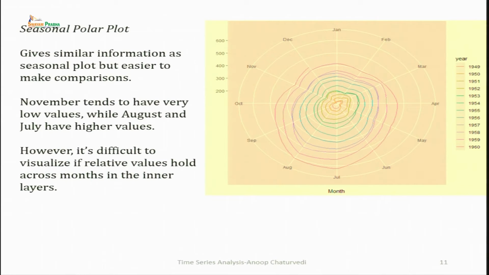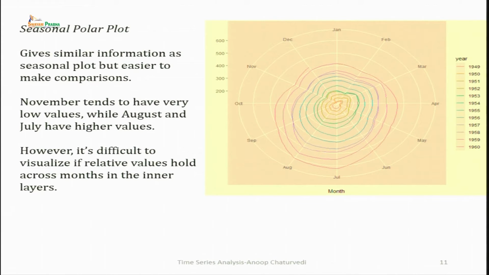So, actually this polar plot also gives the same or a similar kind of information as the seasonal plot, but it becomes easier for you to make comparisons. Here also you easily identify that with the passage of time, not only is seasonality present in the time series, but an increasing trend is also present.